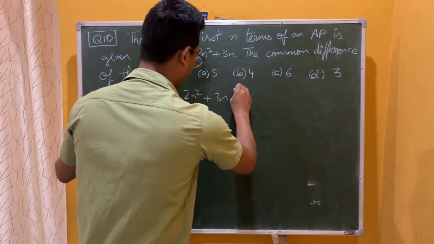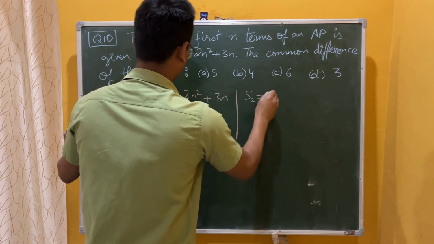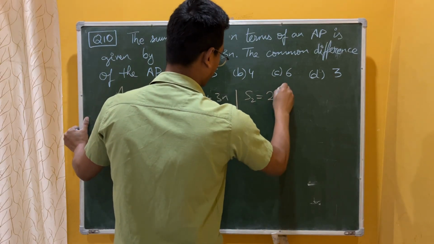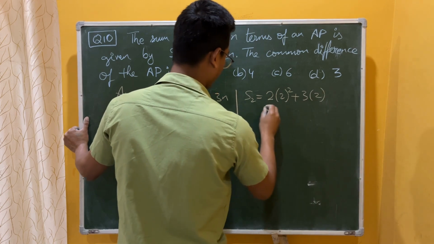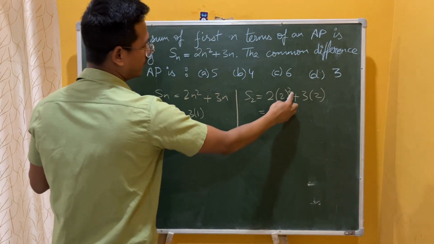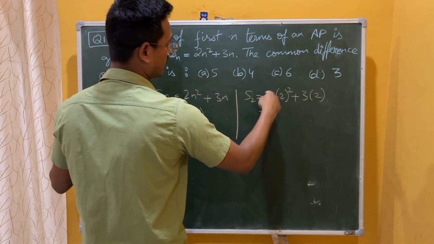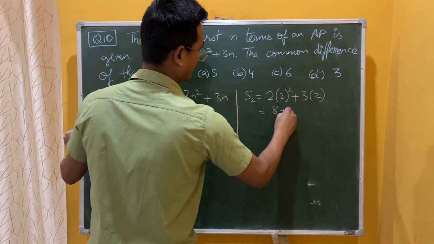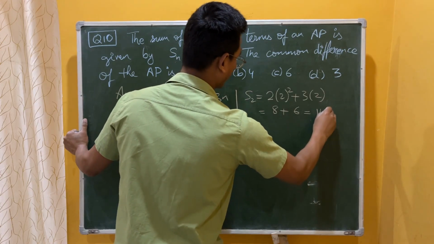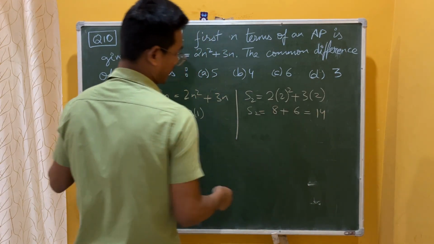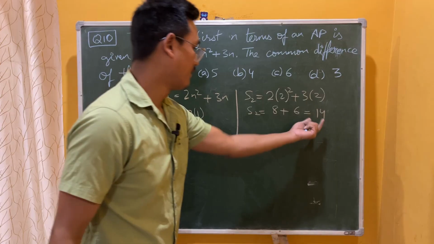Let's find the sum of two terms. 2 times 4 is 8, plus 3 times 2 is 6, so 8 plus 6 is 14. The sum of the first and the second term is 14.